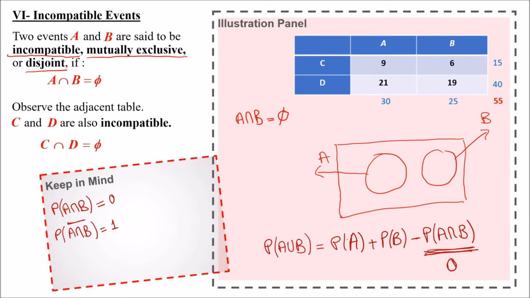So one of the ways to prove that two events A and B are incompatible is proving that P of A union B is equal to P of A plus P of B. This is only valid if A and B are incompatible.